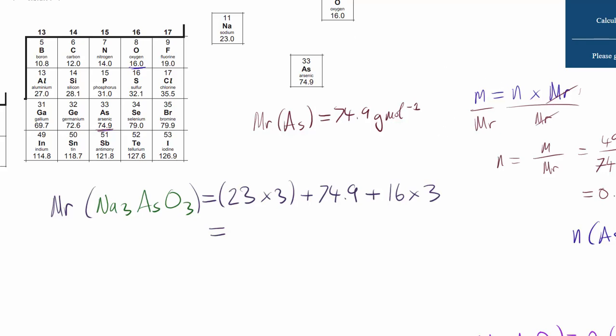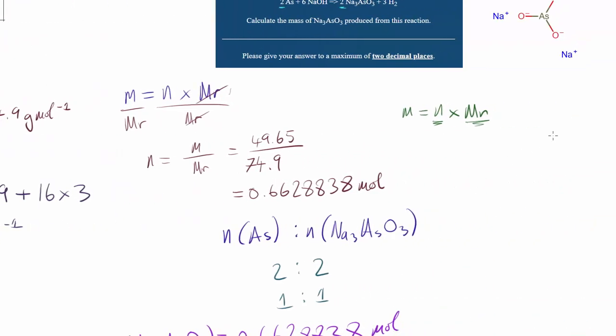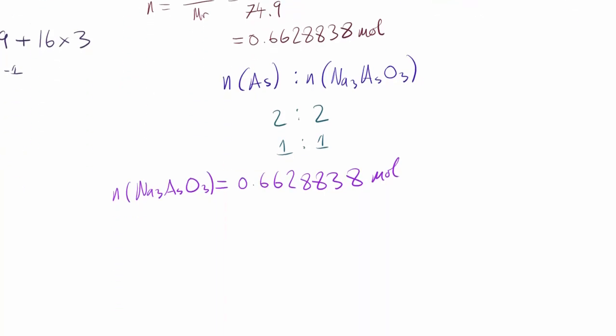Okay, so if you did have a go at that, you should have found that you got 191.9, right, grams per mole. So we can now use this value we've worked out, 191.9, and use it in this equation.